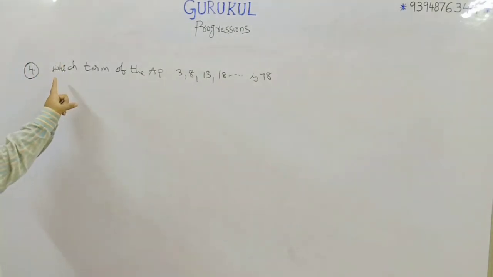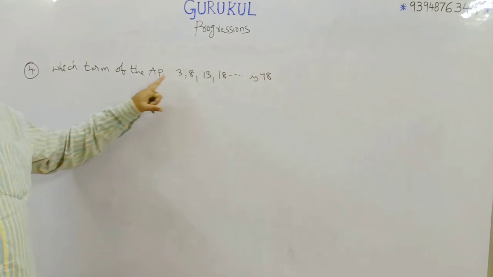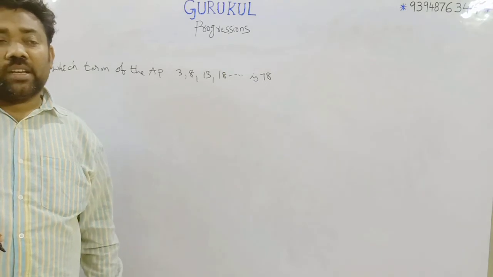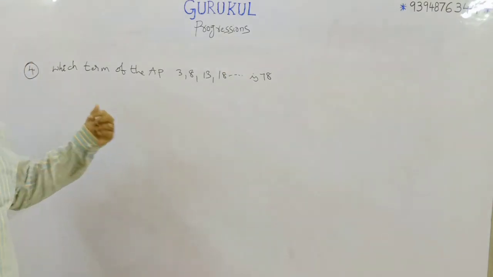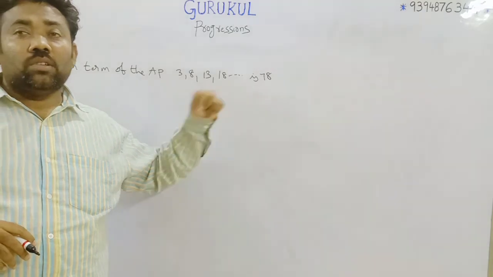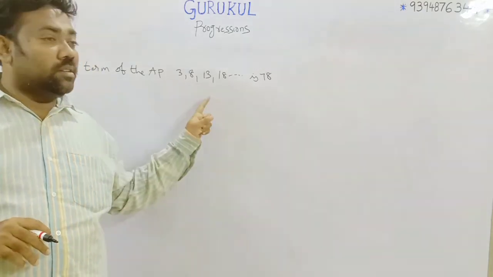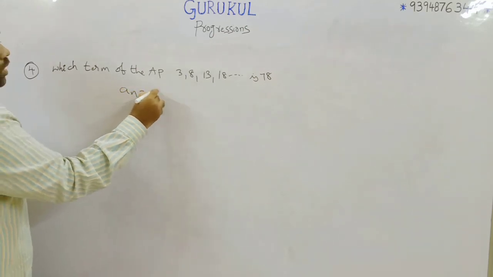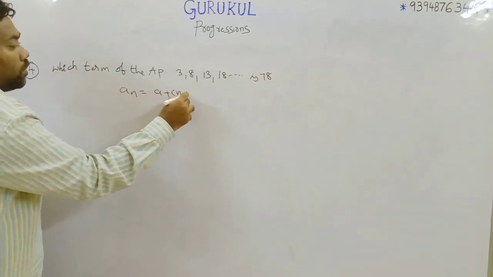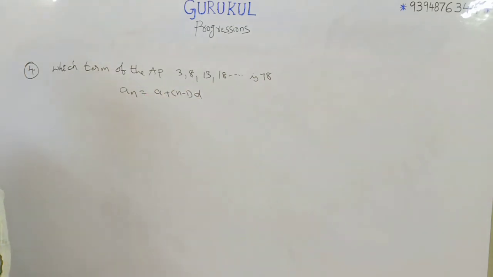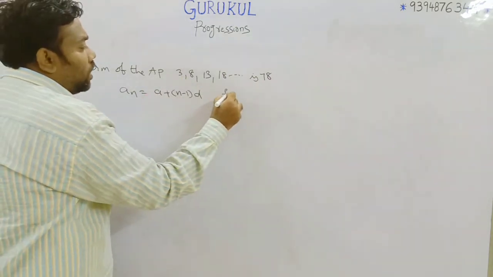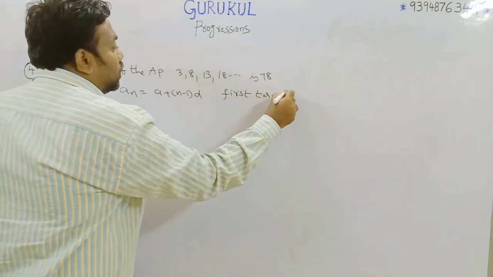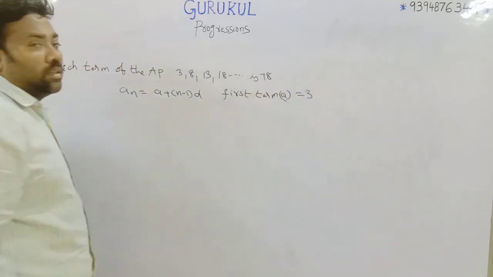Here, fourth question. Which term of the AP 3, 8, 13, 18 and so on is 78. So, given nth term is 78. So you find the value n. What is the formula? an equal to a plus n minus 1 into d. Here, first term equal to 3.